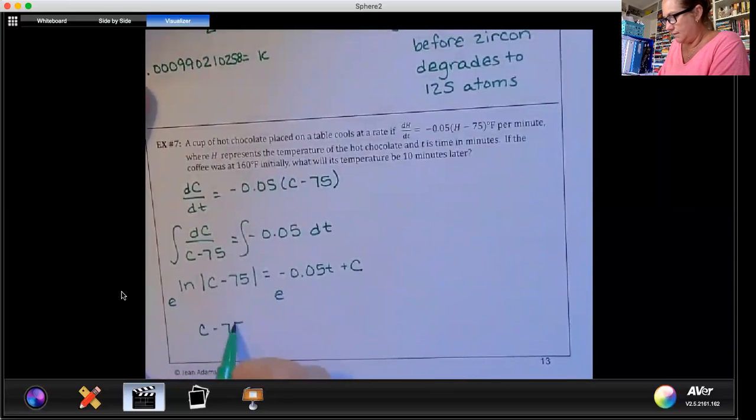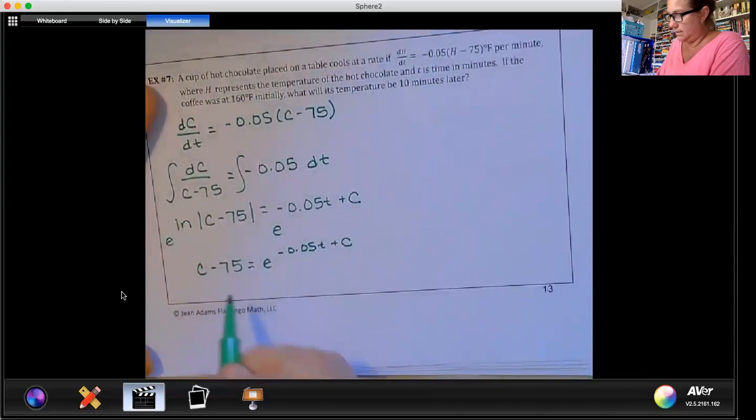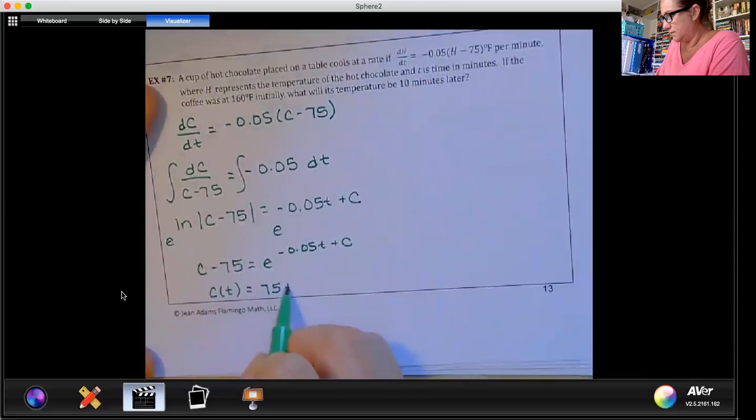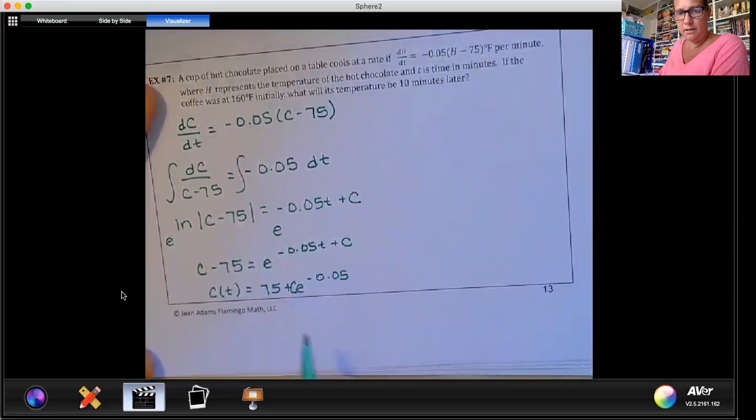C minus 75 equals e to the negative 0.05t plus C. And then C of t would be 75 plus e to the negative 0.05t. And we're going to bring that constant down front, and because we're in a C of t function, let's change that to K.